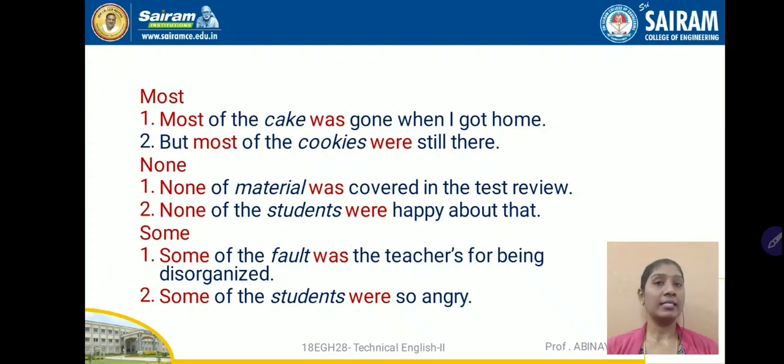Students is the subject that comes along with "some", and students is a plural subject, so the "some" in the second statement is plural. This is how you have to identify whether the same word comes as singular or plural. You have to identify it from the subject and its usage in the sentence.